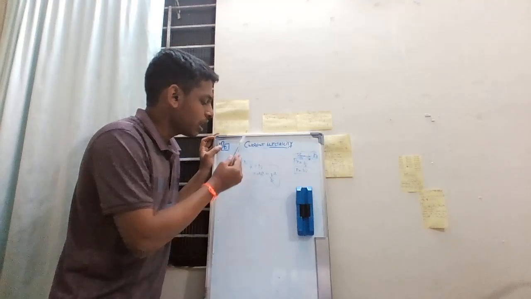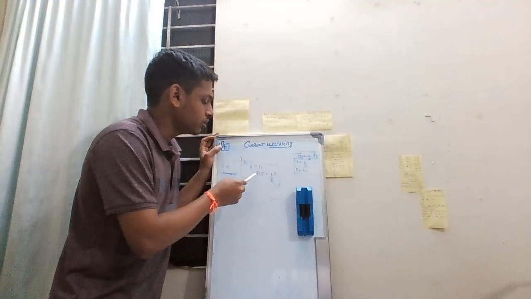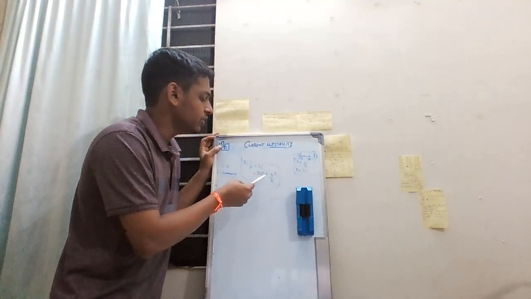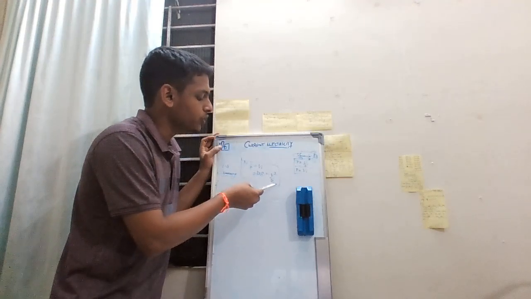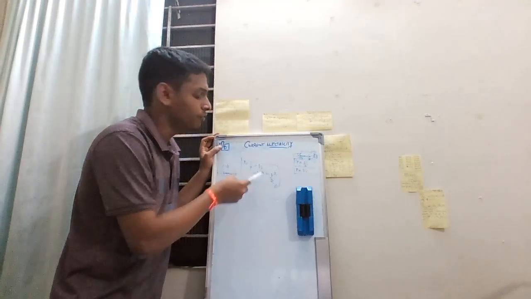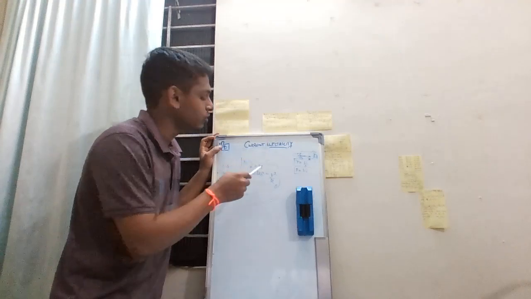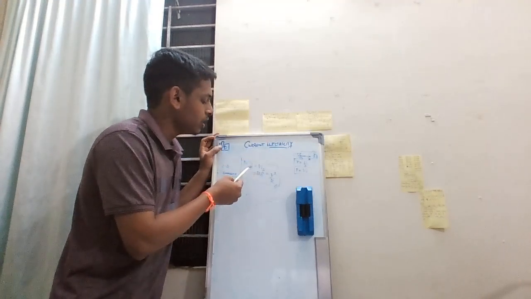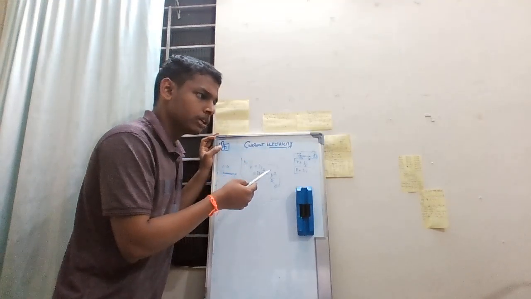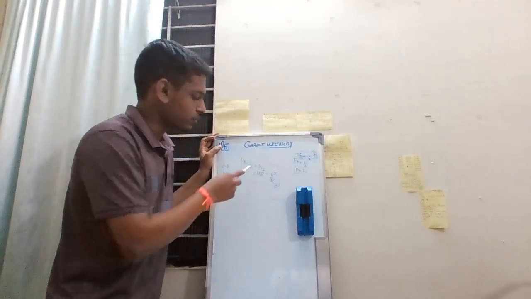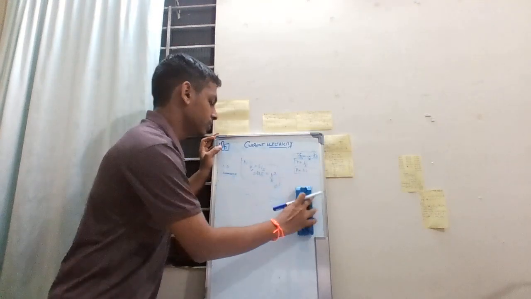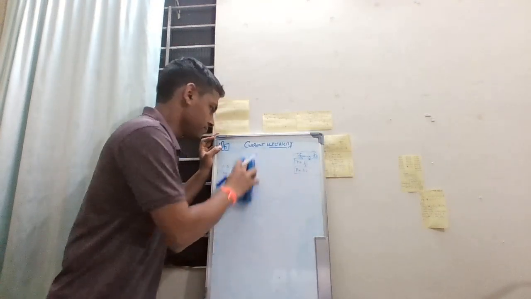If we are given electrical current and resistance, we can use this. If we are given potential and resistance, we can use this. If we are given only potential and current, we can use this. If we are given the electrical energy and also time, then we can use this. Let's write that here.